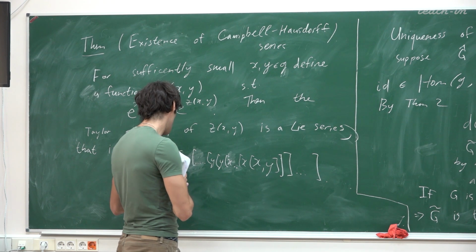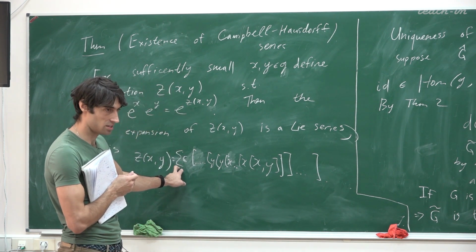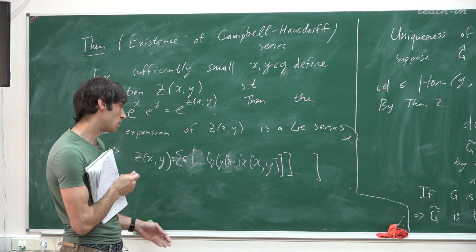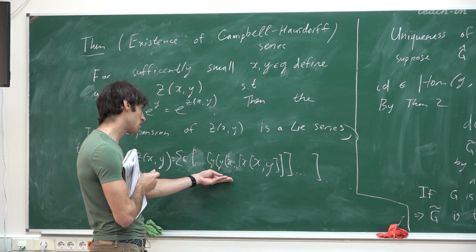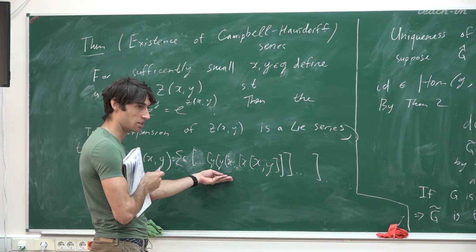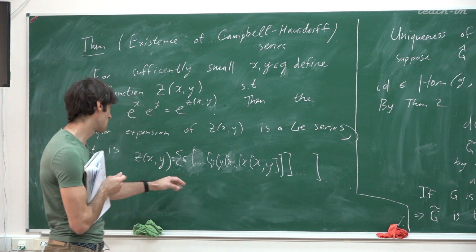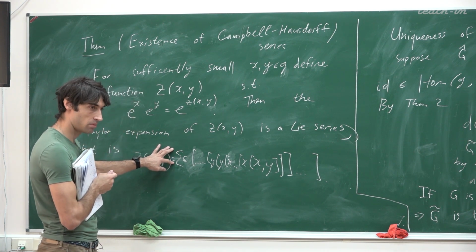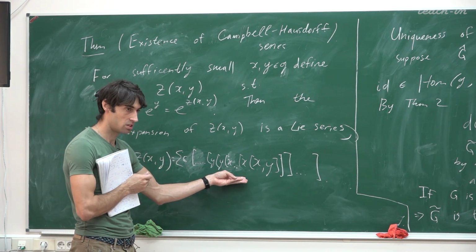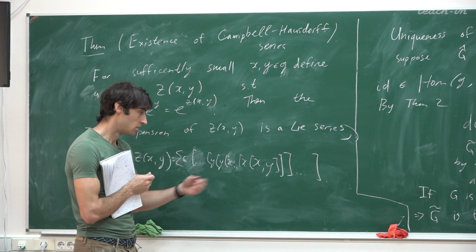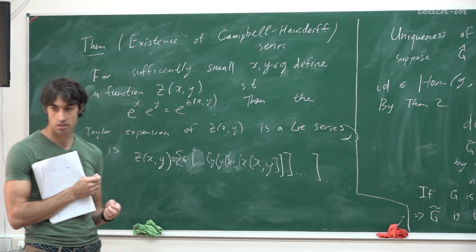Here I'm just explaining what a Lie series is. So a Lie series is an infinite sum of terms of such sorts. There can be any sequence of x and y.